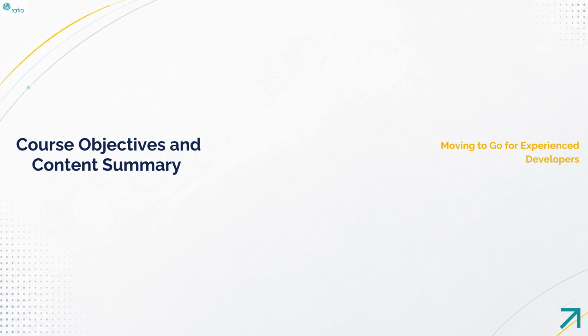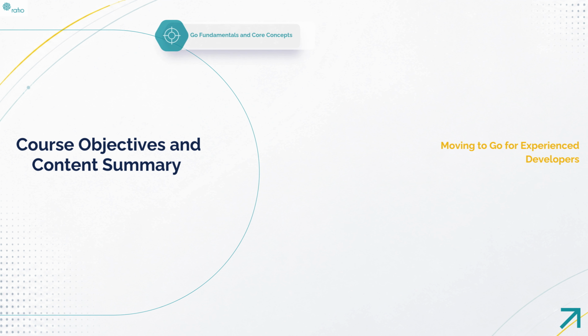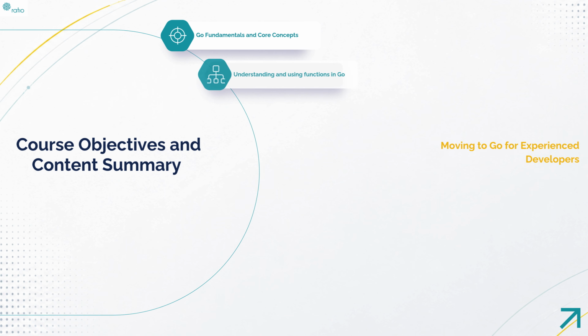So we start with just focusing on the Go fundamentals, the core concepts, maybe the similarities and differences with other programming languages in terms of data types, declaration of variables and things like that. We talk about how Go functions work, and you'll see that functions can become Go routines as we'll talk about in a bit.